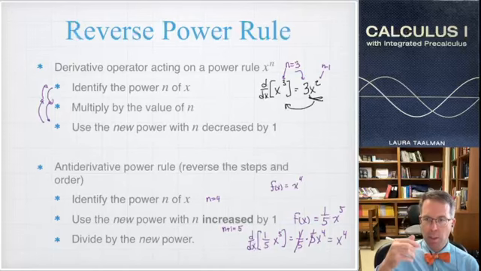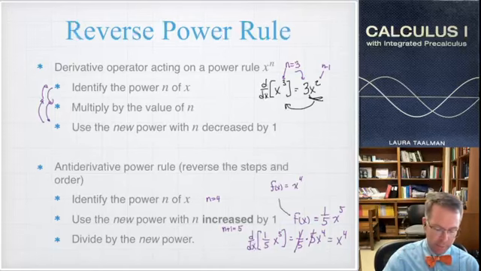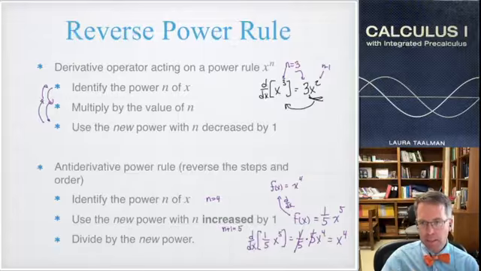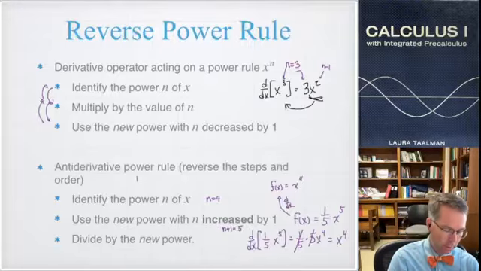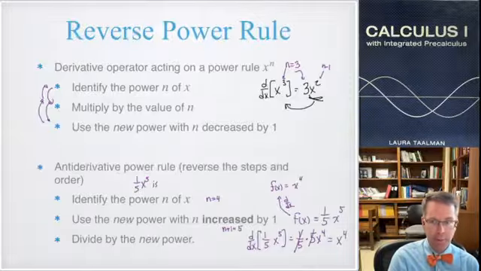And so that's why if I take a derivative d dx of 1/5 x to the fifth, I get x to the fourth. And that means 1/5 x to the fifth is an antiderivative.